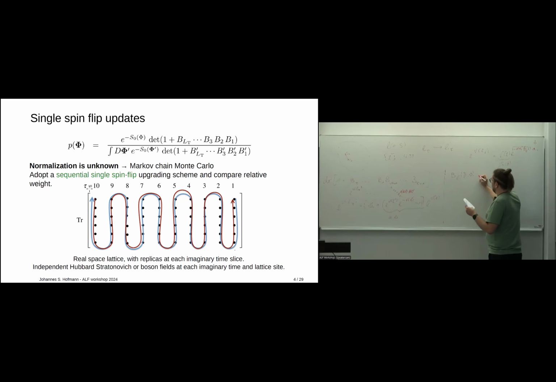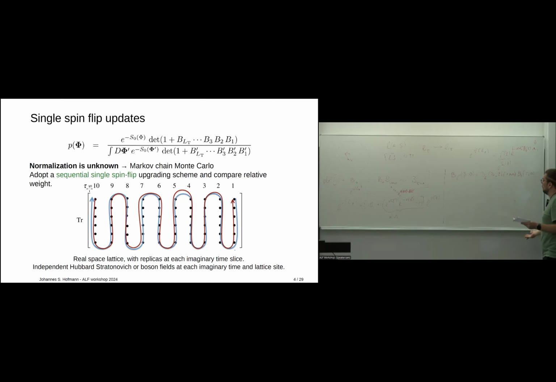This is the product of the B's for the new configuration after the update. And I can write this now as the B of the old configuration L without prime from beta to tau. This is where I changed the operator inside this chain of products. And this changes specifically to 1 plus delta. And then I have all the other terms, again given by the old configuration L, that remain for the time interval from tau to 0.